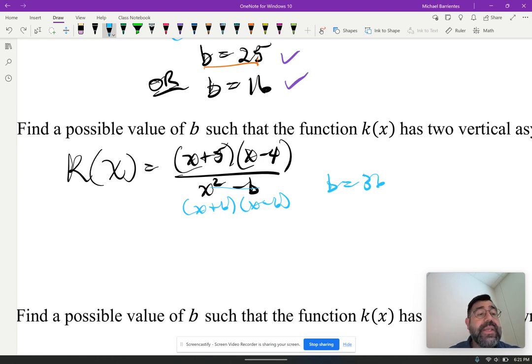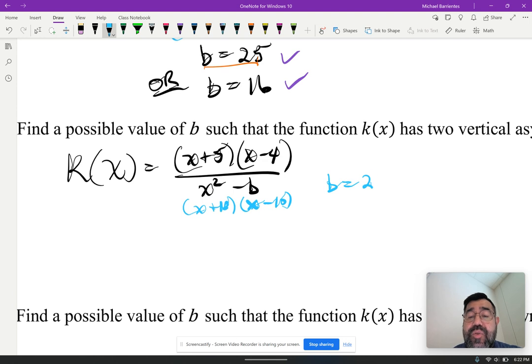Or b could be 100. And that means x plus 10, x minus 10. And again, nothing reduces. So I'm left with two factors in the denominator, and that's the two vertical asymptotes that we're going to get. For that matter, b doesn't have to be a perfect square, right?